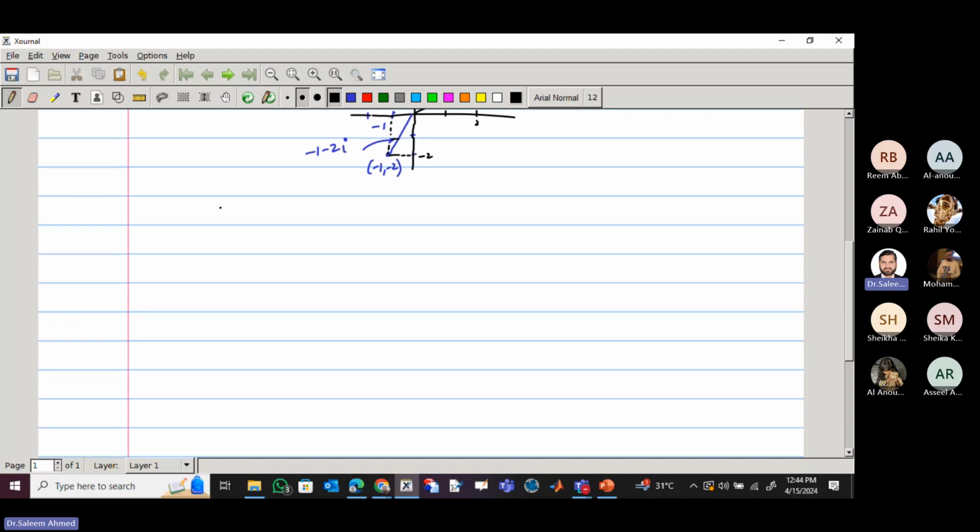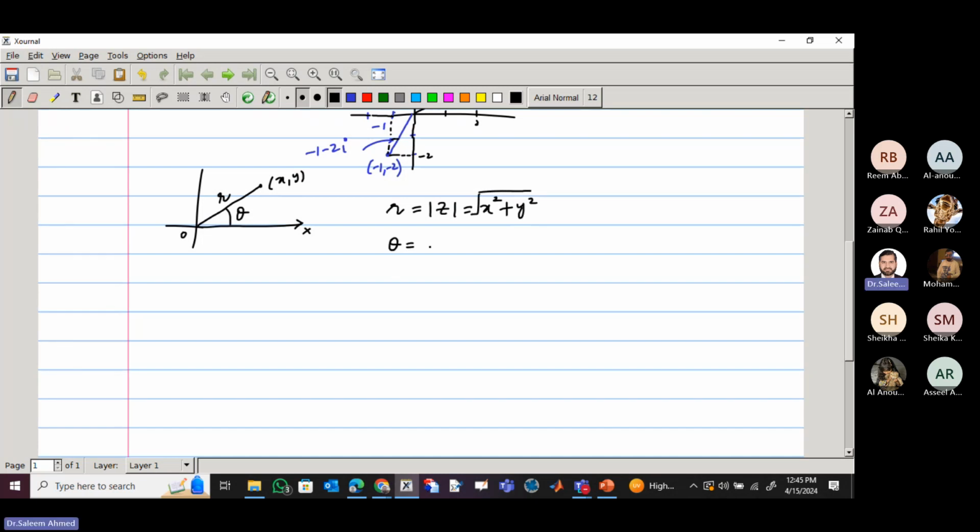We had defined many things, Z conjugate, Z modulus. Two things that are important are these. If you have any complex number going from 0 to xy, then it has a length which is r, and it has an angle theta that is made with the positive x-axis. So these r and theta are basically the modulus of z, that is square root of x square plus y square, right?